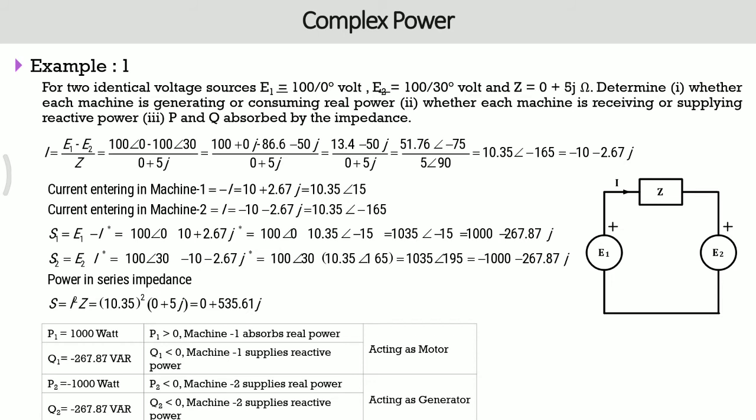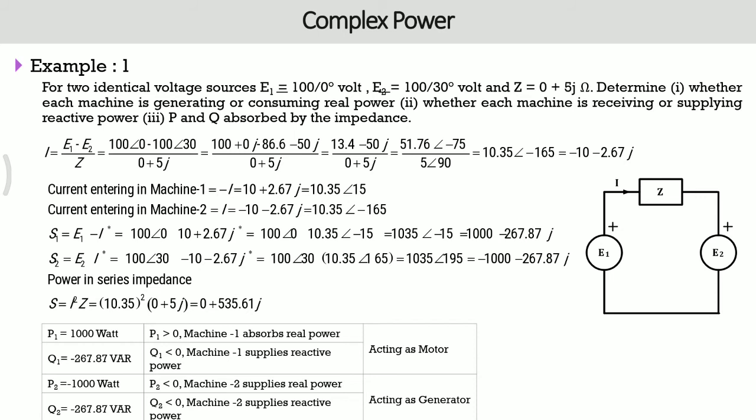And then P and Q absorbed by the impedance, which is S. We got the complex power. In the complex power, what is the real part? The real part is 0, which means P is equal to 0. And what is Q? Q is equal to 535.61. So this is the reactive power absorbed by the impedance.